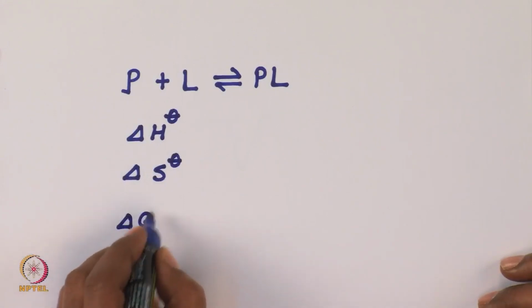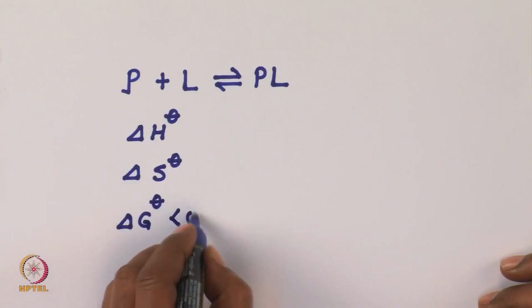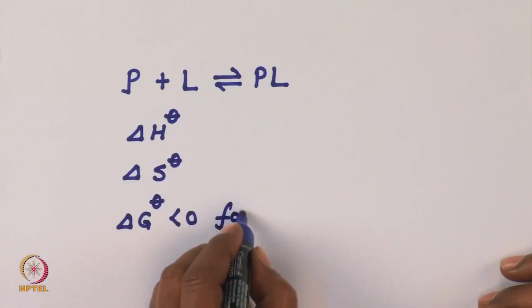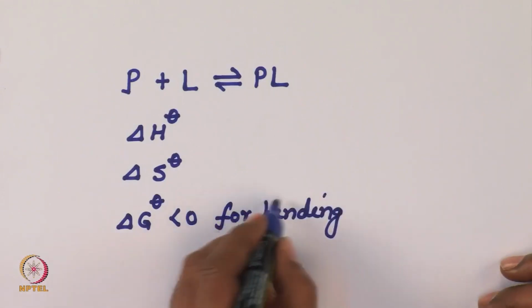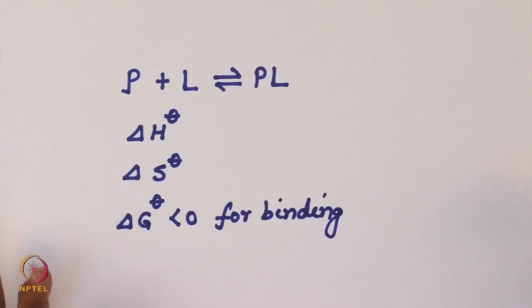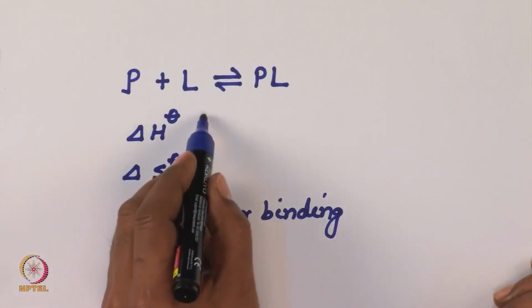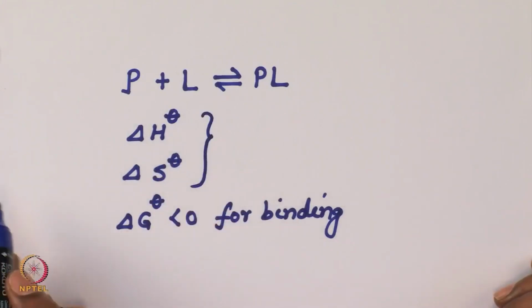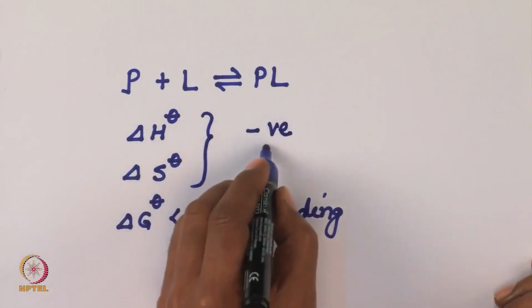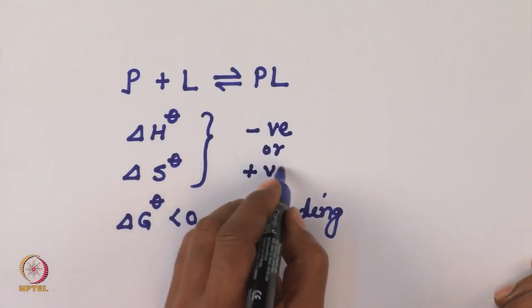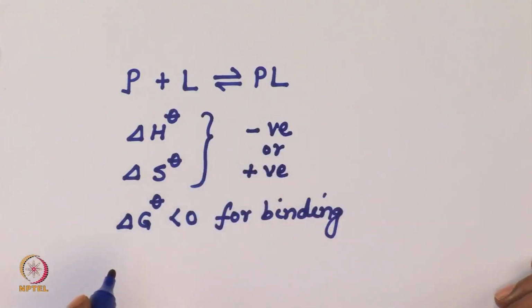Delta G naught has to be negative for binding to occur, because if delta G naught is positive, binding will not take place. Now, these delta H naught and delta S naught can be either negative or positive. Both possibilities are there. And these signs help us in identifying interactions. Let us take a look at this figure.